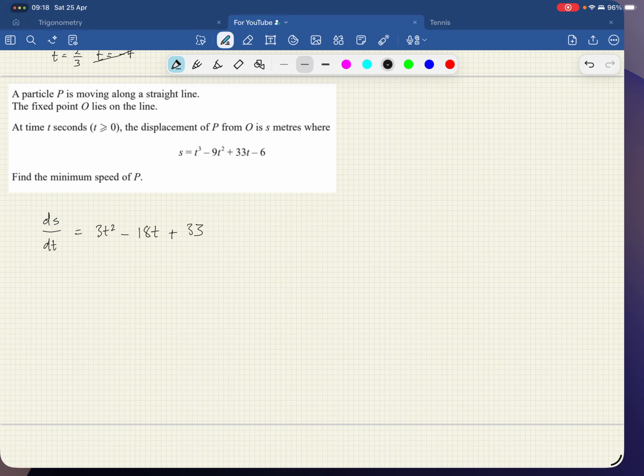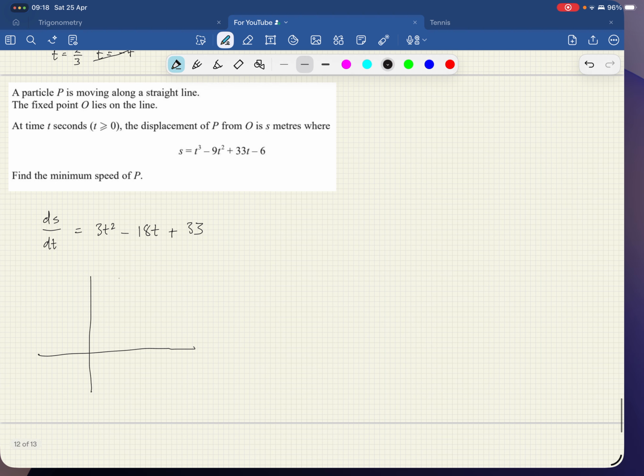So if you plot this speed function here, here's our axes. You get a quadratic. We can see it's got a positive coefficient of t squared. It looks like this. Now, normally when we set a quadratic equal to 0, we're finding out where it cuts the x-axis.